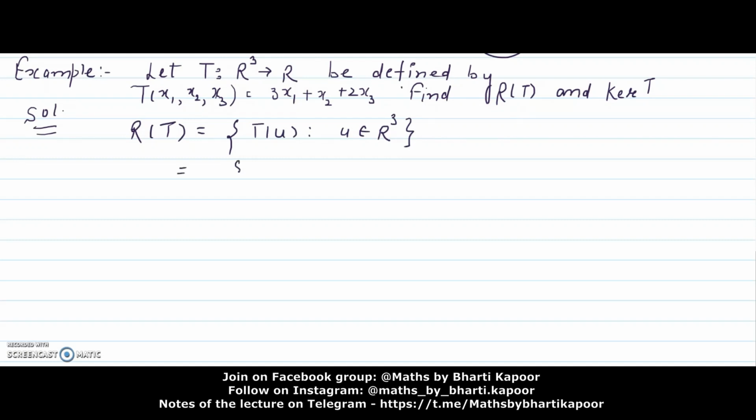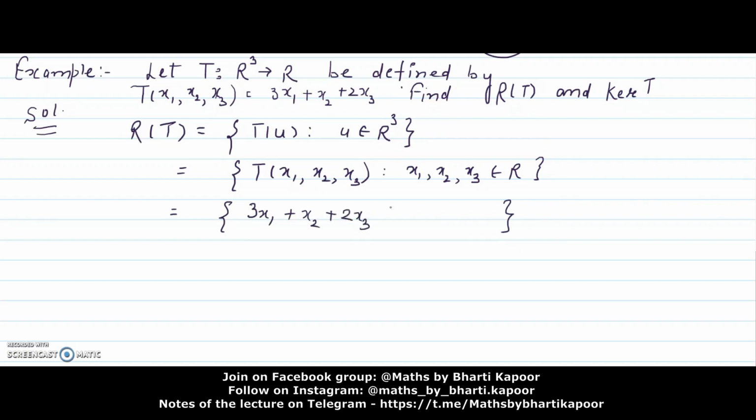So this is further equal to T(x1, x2, x3), because u belonging to R cube means u is an ordered 3-tuple. So here x1, x2, x3 are real numbers. And this is the collection of 3x1 plus x2 plus 2x3 where x1, x2, x3 are real numbers.